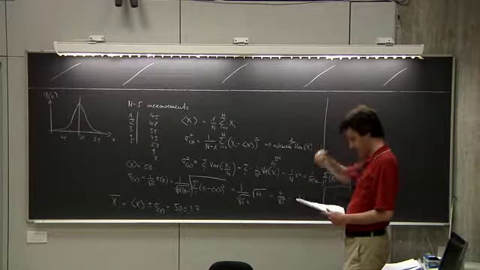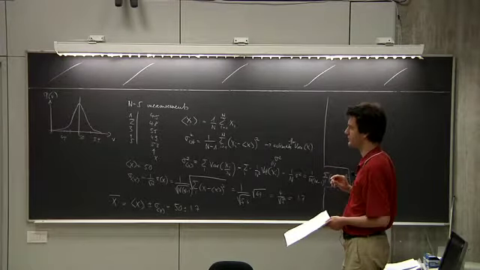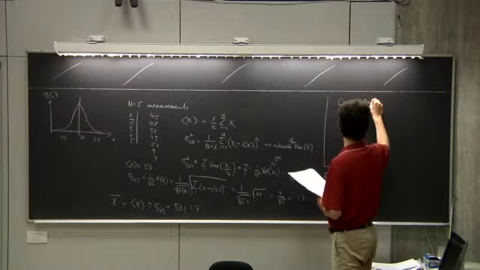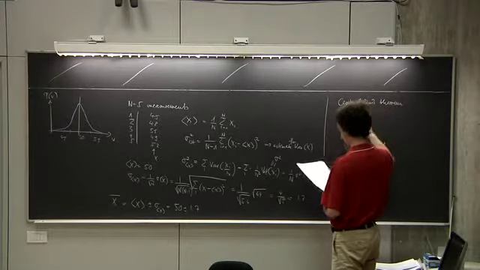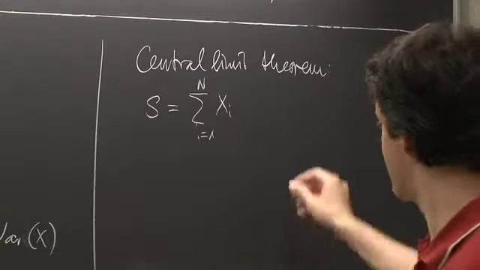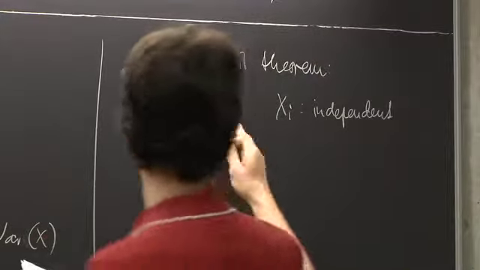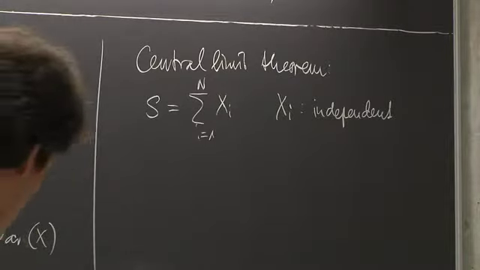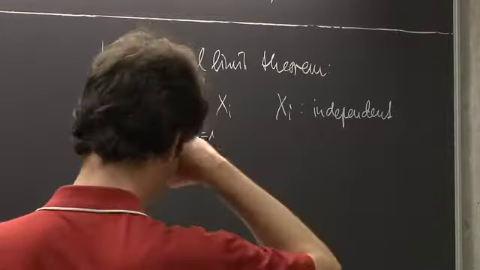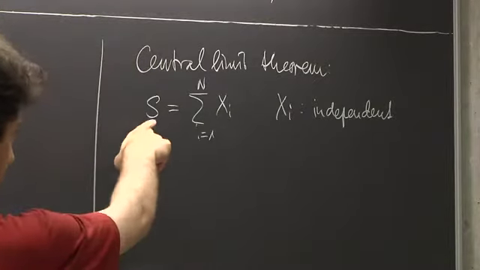So now today, last time I gave you a taste of the central limit theorem, which morally says the following: if you take a sum of a lot of random variables which are independent, not necessarily identically distributed, so each xi could have its own distribution, then under certain rather general assumptions on the properties of these distributions, you will get a Gaussian distribution for this sum.